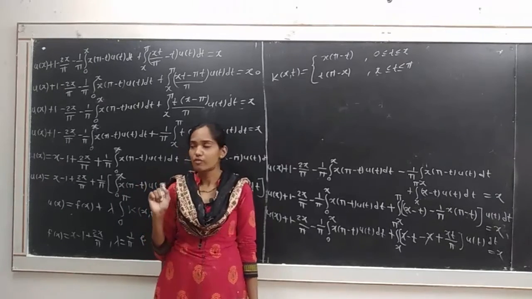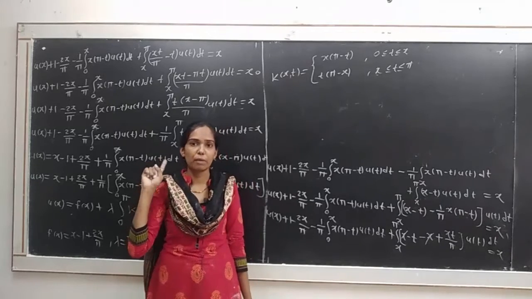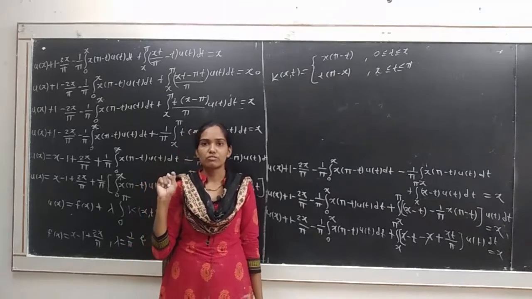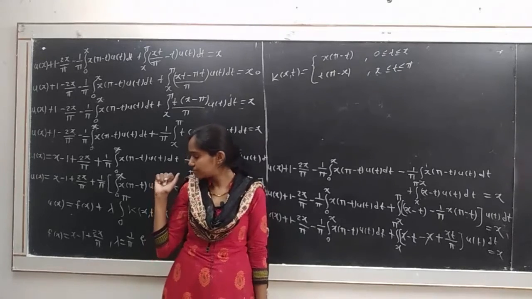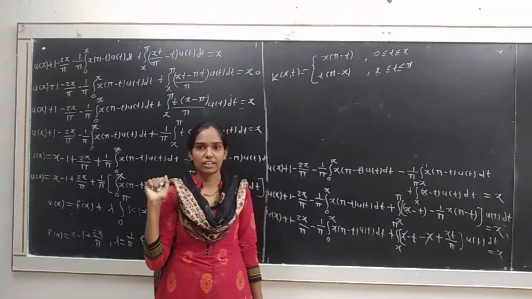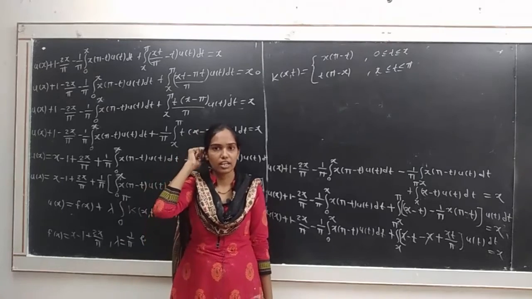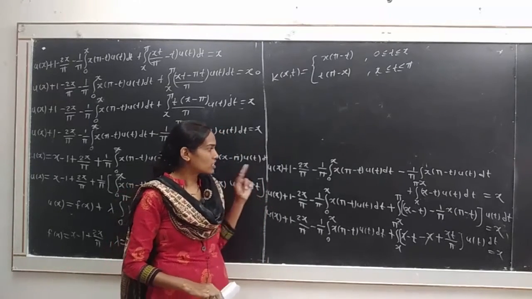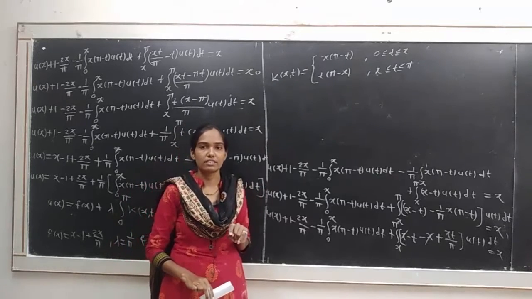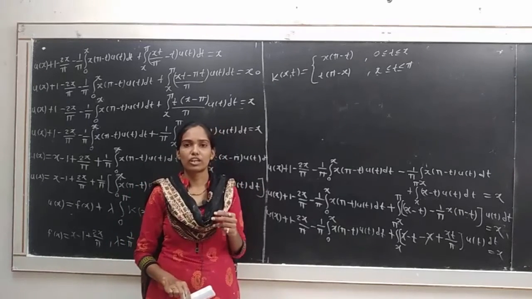Then find the value of y dash of 0 by using the given boundary condition, by using one boundary condition, and put that value in the given Volterra integral equation, and then we can split the integral from 0 to pi as 0 to x and x to pi.